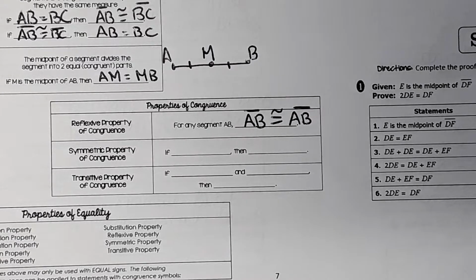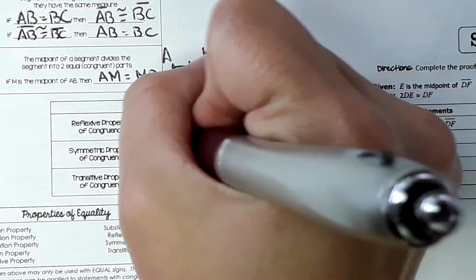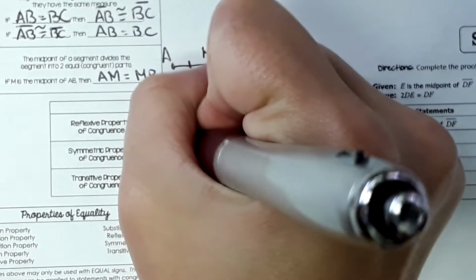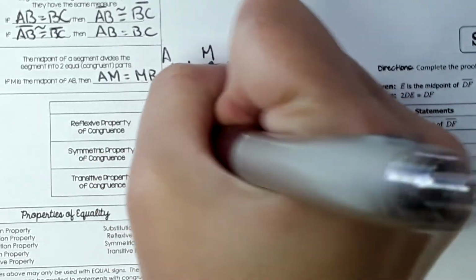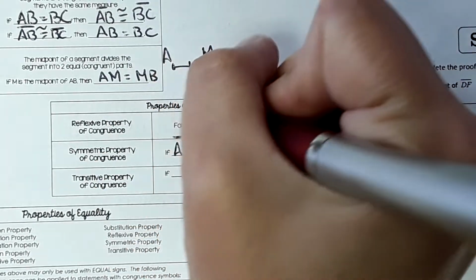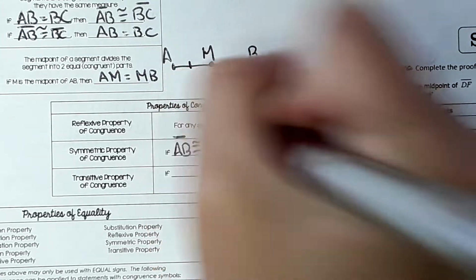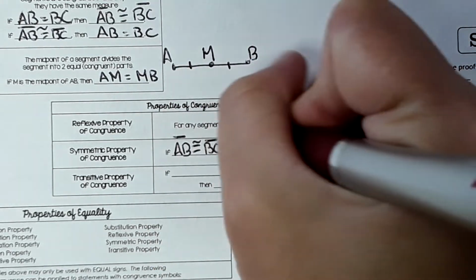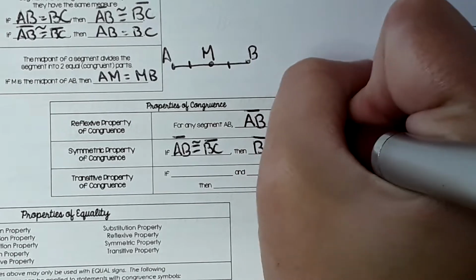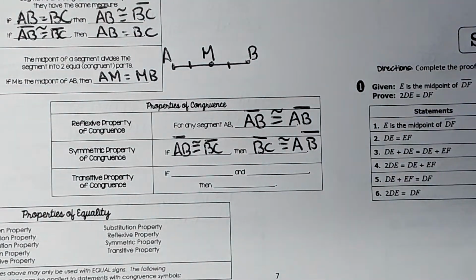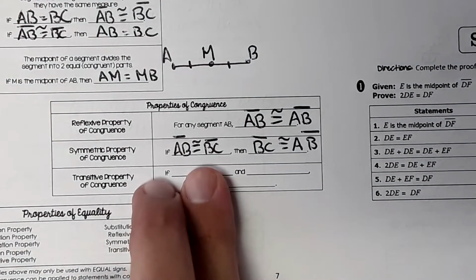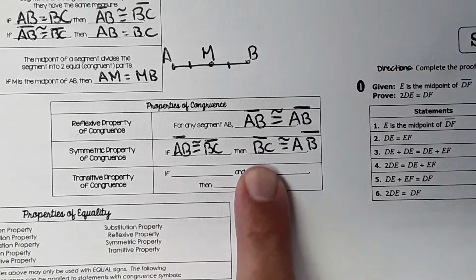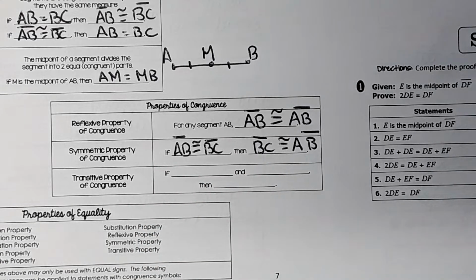Symmetric property is, let's say, if AB is congruent to BC, then BC is congruent to AB. You can flip the order, put it on the other side of the equal sign, and it's still equal.